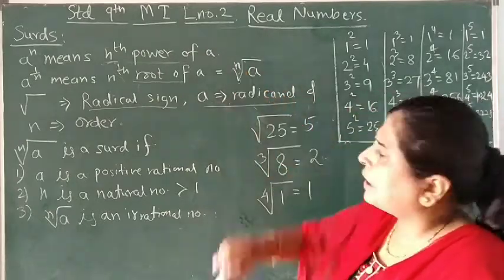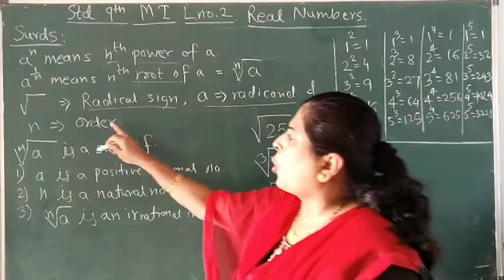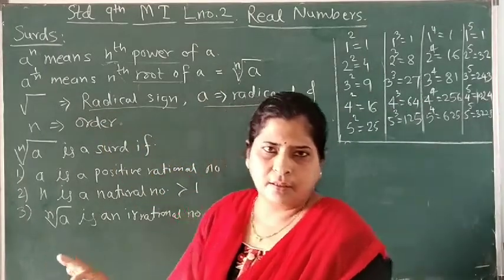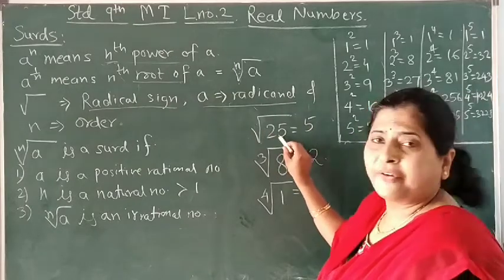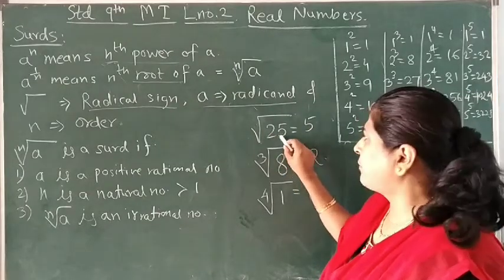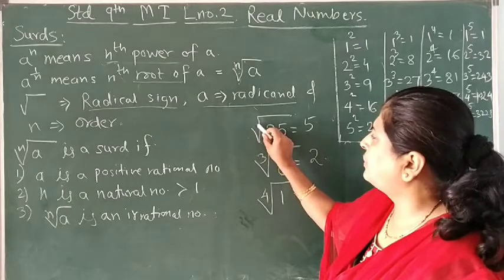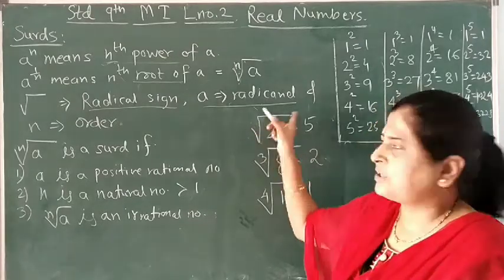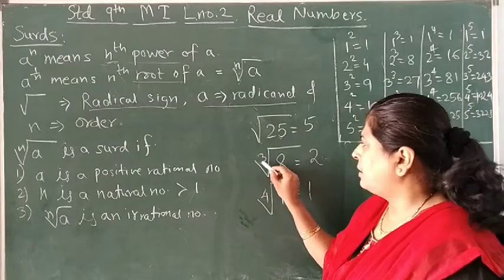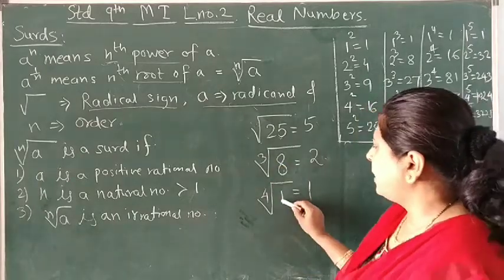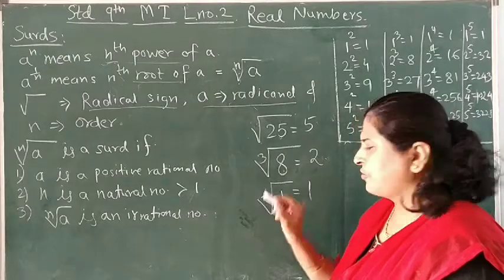And which root we are taking, that is the order. For example, under this radical sign, if we have written 25, then 25 is the radicand and the order is 2. Here the radicand is 8 and the order is 3. Here the radicand is 1 and the order is 4.